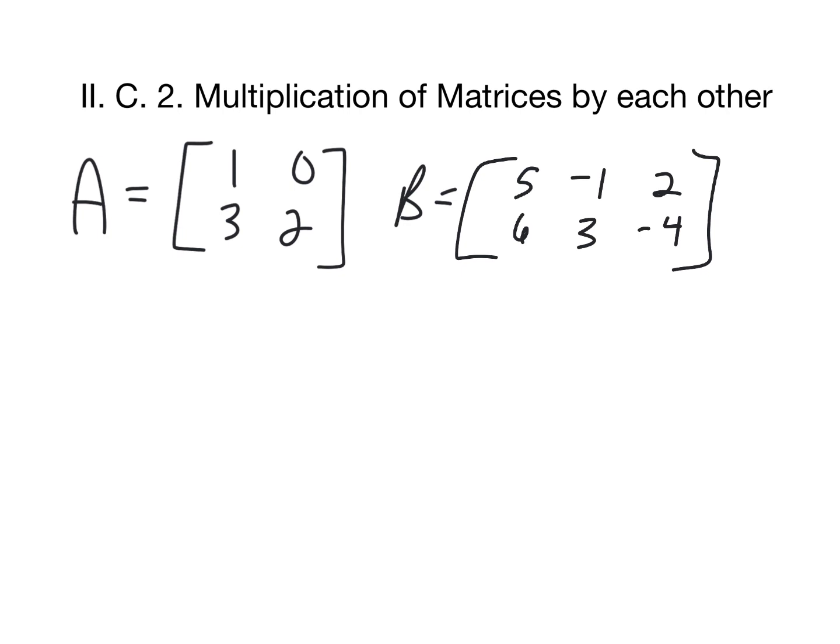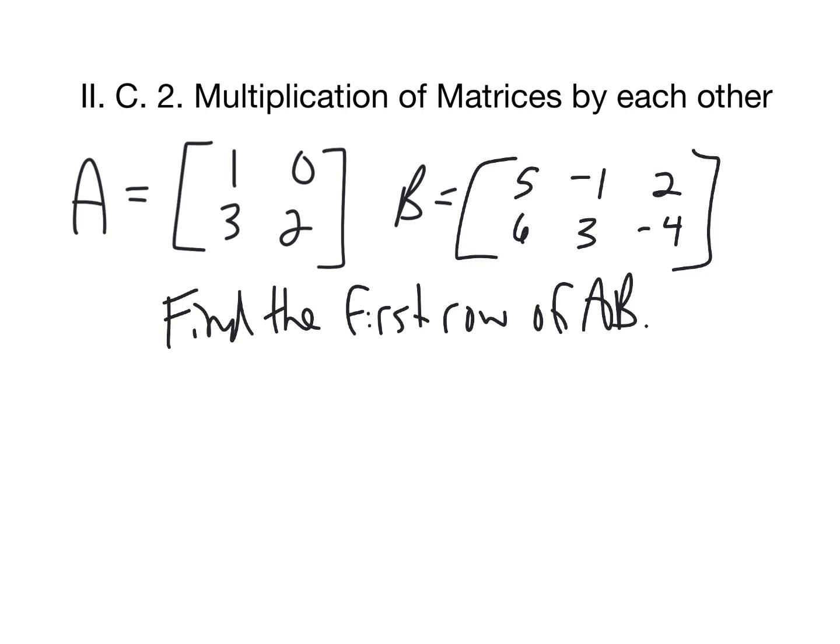Okay, and then the question they gave is, they said find the first row of AB. So AB would be multiplying these together.